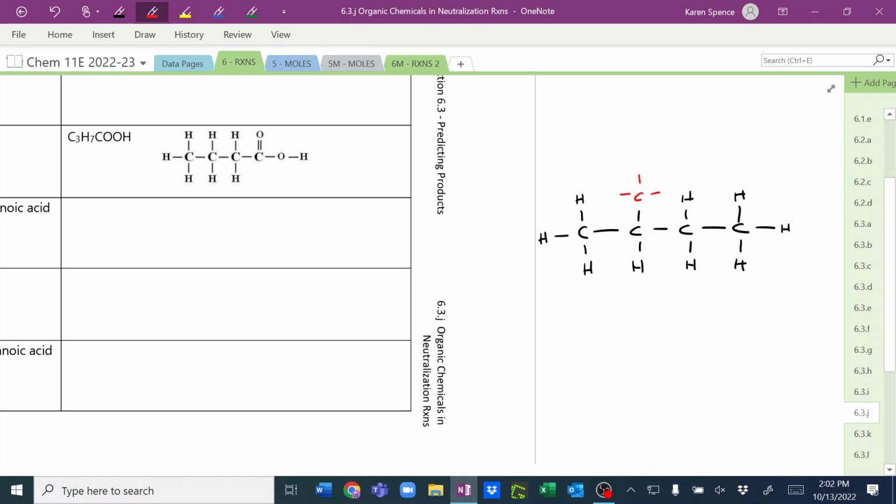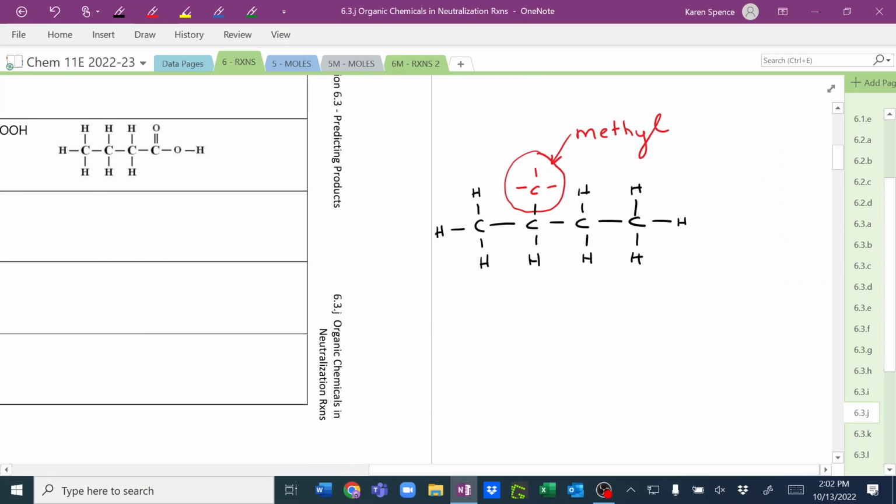So it's like a branch. Yeah, it'll be a C with 3 hydrogens is methyl. You could have an ethyl group that is 2 C's with the appropriate amount of hydrogens.